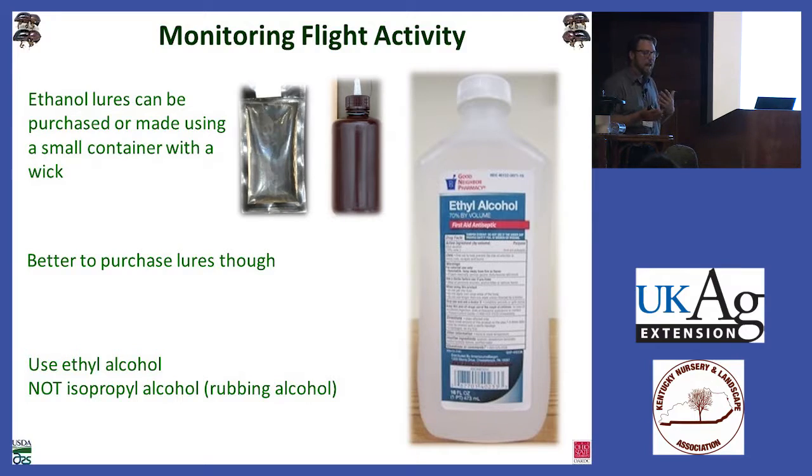And we have seen instances where it does increase trap counts, but other times it has a negligible effect. So at this point, and it's not cheap, the canopterin. So really, just an ethanol lure that you can buy in these packs commercially is the way to go.